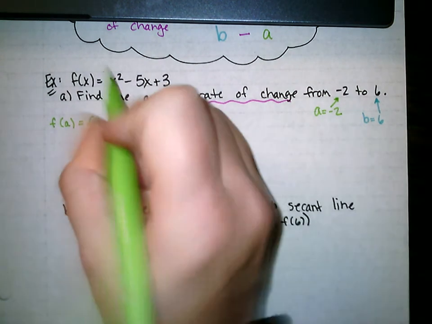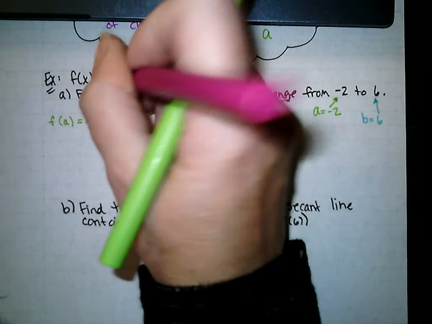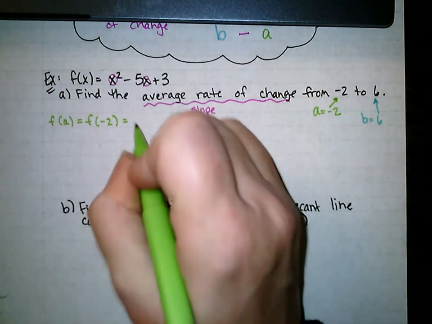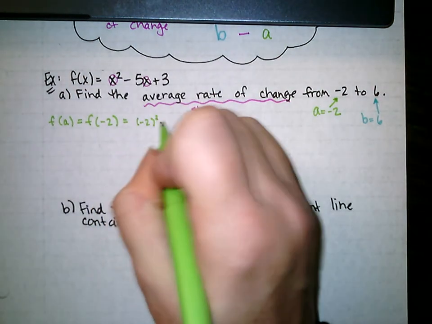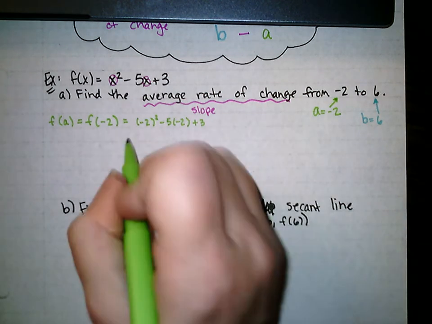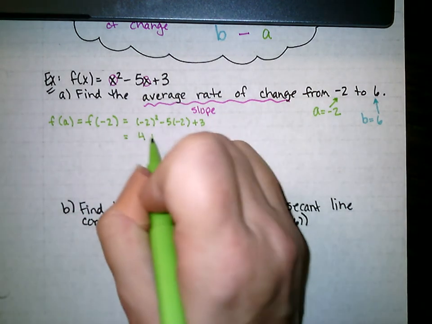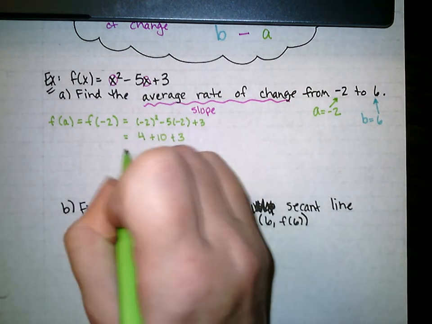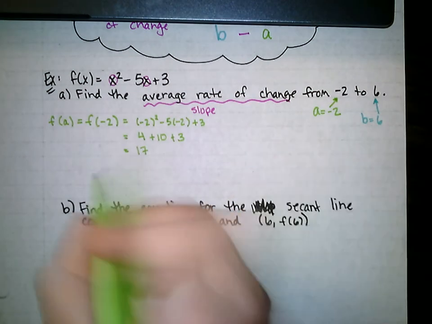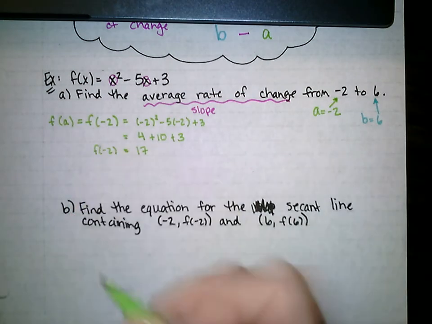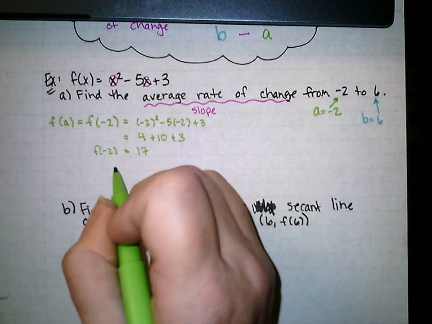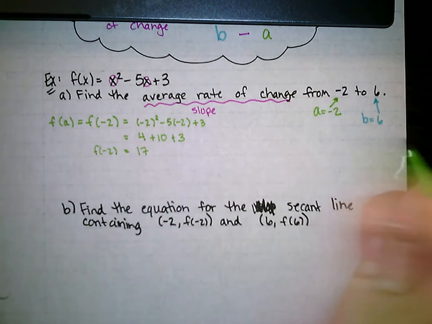So here's my function. Remember that when you substitute in, you replace those x's with your number in parentheses, please. So we got negative 2 squared minus 5 times negative 2 plus 3. So that would be 4 plus 10 plus 3. So f of negative 2 is 17, which is a fancy way to say the ordered pair is negative 2, 17.